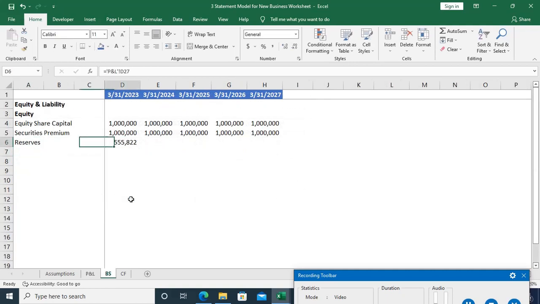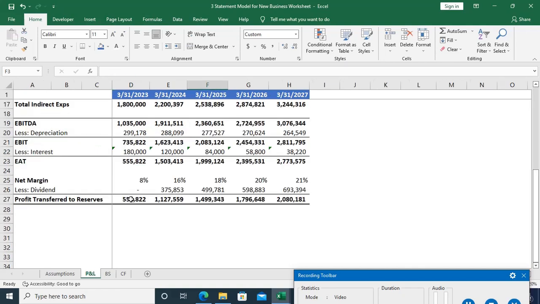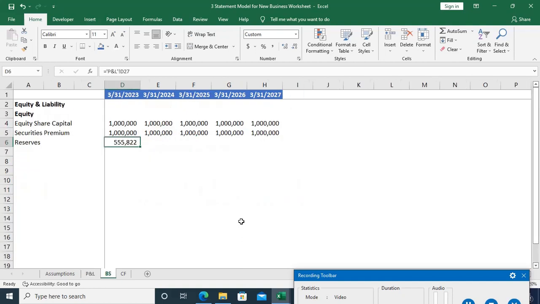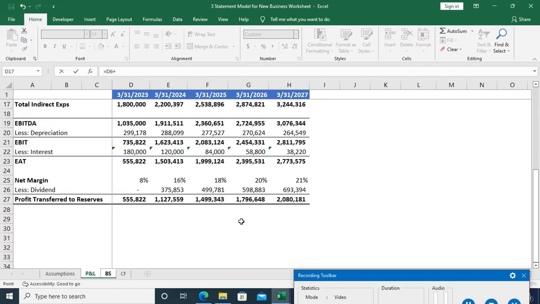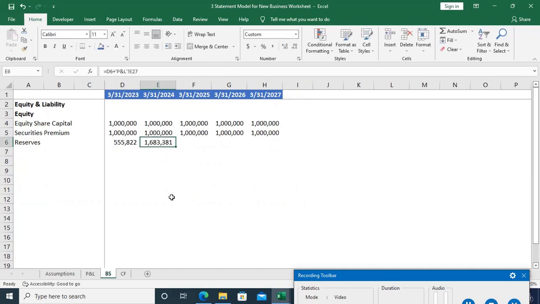So this is the first year's reserves transfer, right? Profit transfer to reserve. This is the first year's thing. But from the second year, we have to not only transfer, but next year it will be equal to this plus this thing, and then you can just copy it, right?